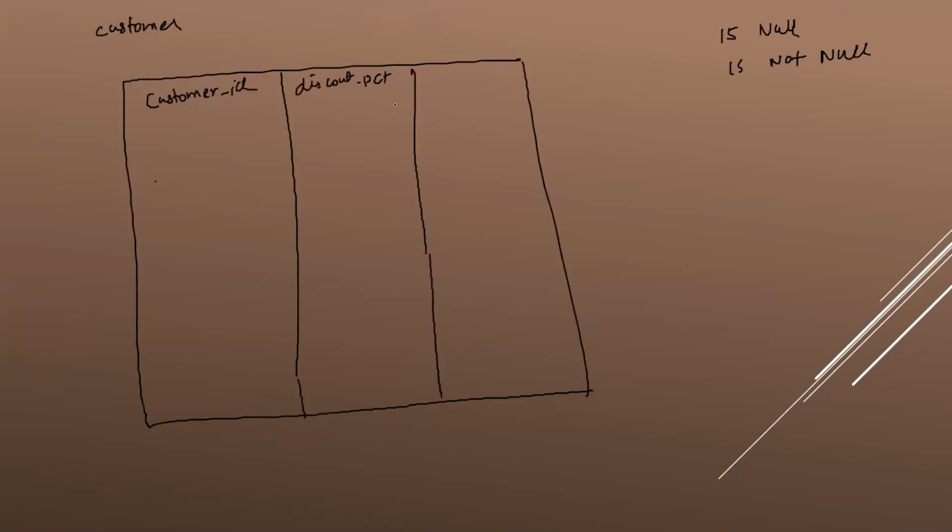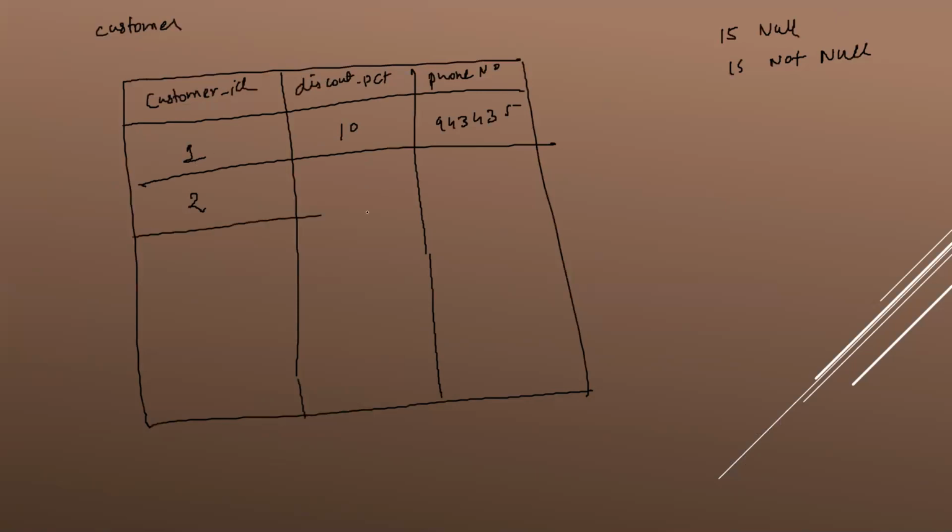And we have the phone number of the customer. Customer number 1 is enjoying a discount percentage of 10. Phone number is 943435. Customer number 2 is not having any discount percentage, so this value is left empty. The phone number is 125953.